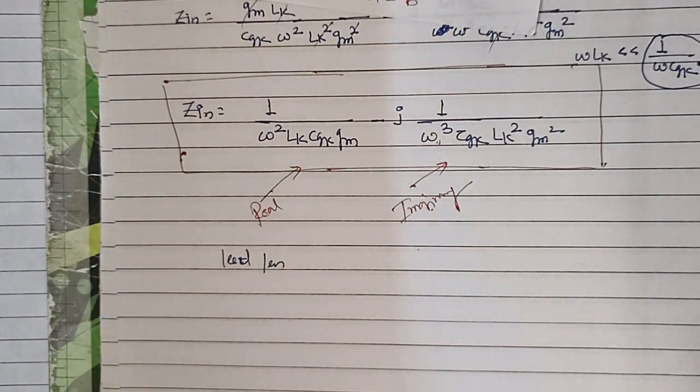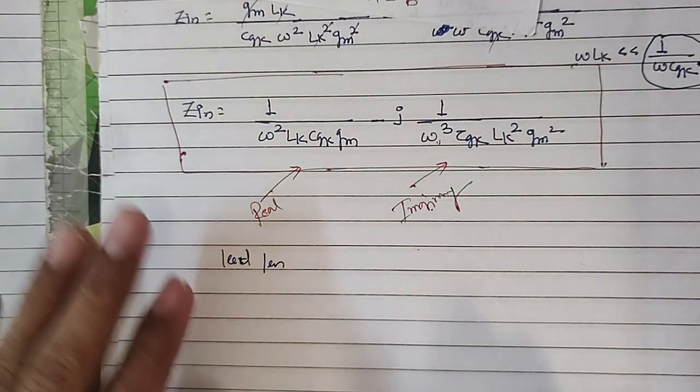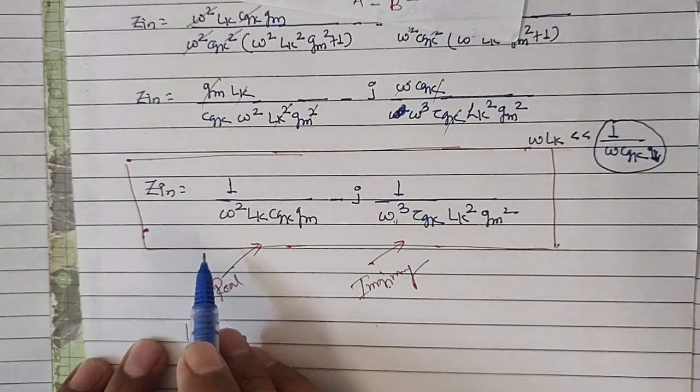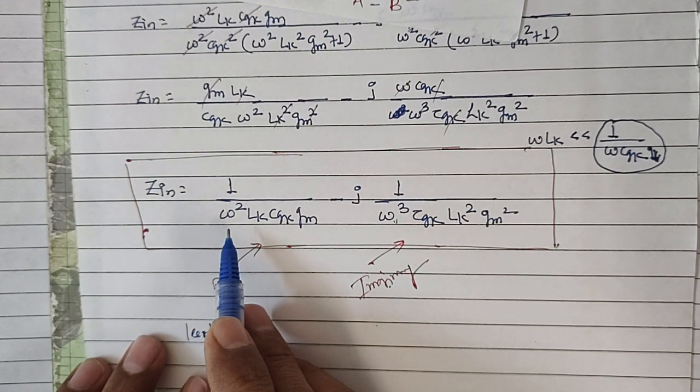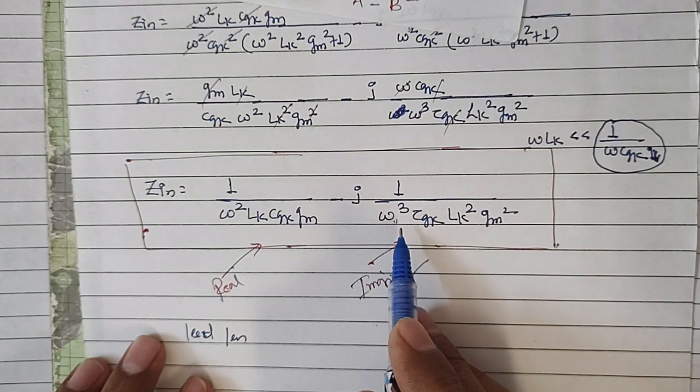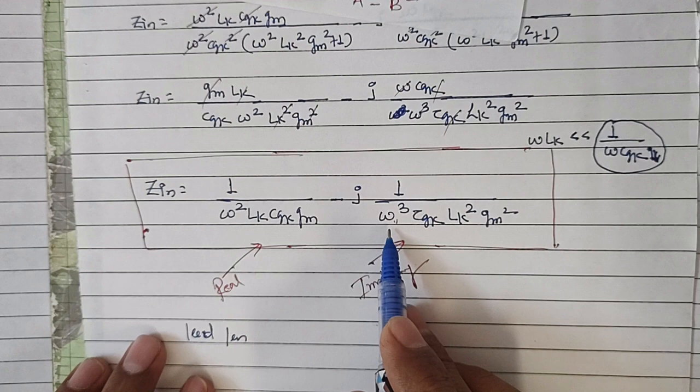In last lecture we have seen lead inductance and interelectrode capacitance effect, and we have obtained expression for input impedance of triode tube. It is clear that the real part of input impedance varies inversely with the square of the frequency, and the imaginary part varies with the third order of the frequency.